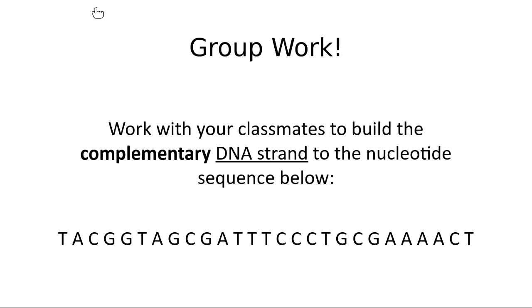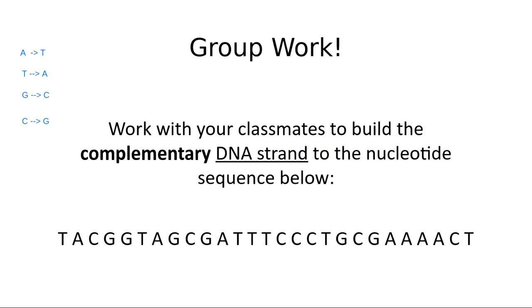So when we talk about complementary DNA, every time in my original sequence I have an A, I'm going to put in a T. Every time I have a T, I'm going to put in an A. Every time I have a G, we're going to put in a C. And every time I have a C, we're going to put in a G. So we can go through a sequence here. I'm not going to do them all, but just a few of them to show you.